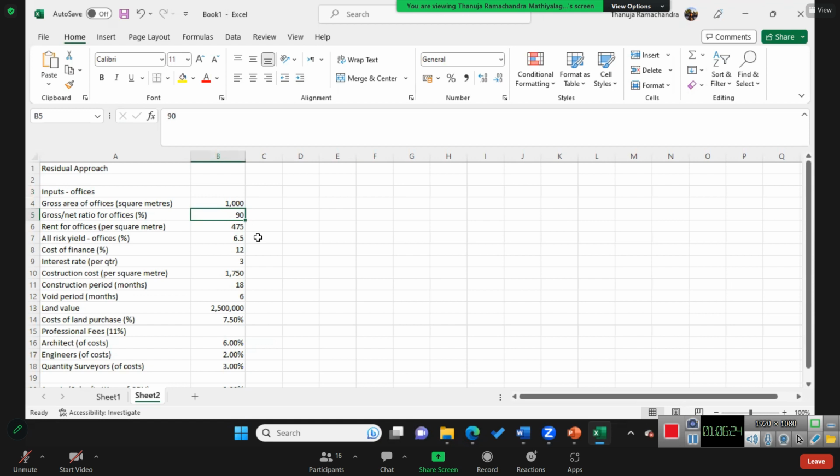Sometimes it's called the building efficiency ratio. 90% is used, only 10% is not usable. So the net floor area is 900 square meters. The rent for offices per square meter is 475.